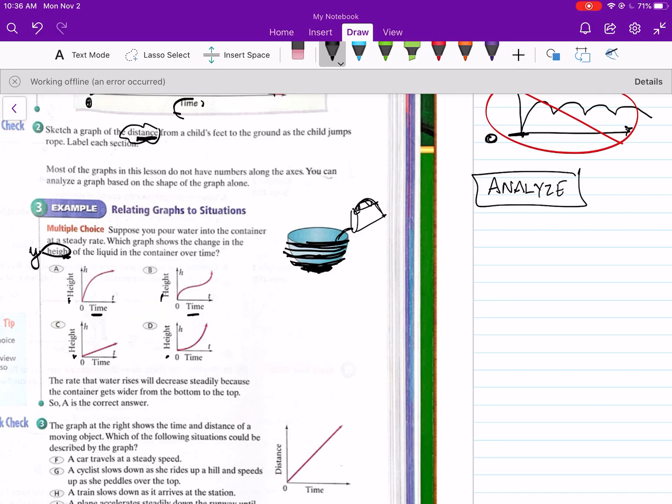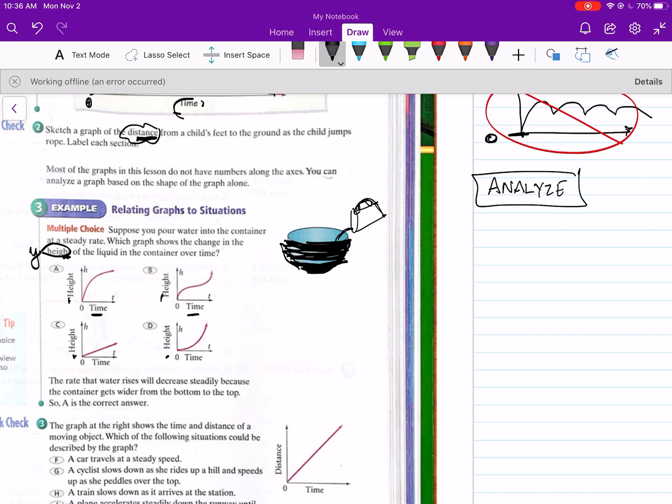So here, it looks like this is going to go fairly quickly. And then as we have a wider part of the thing, it kind of takes longer to fill up. And then there's not a lot of difference between here and here on those edges. So then it starts to level off. So which does this show?